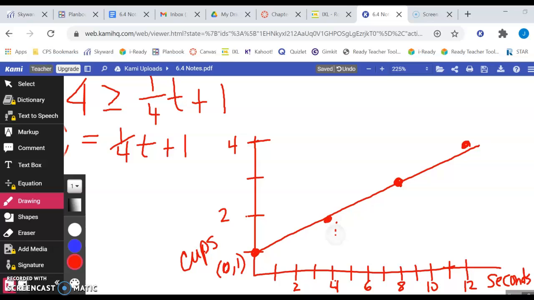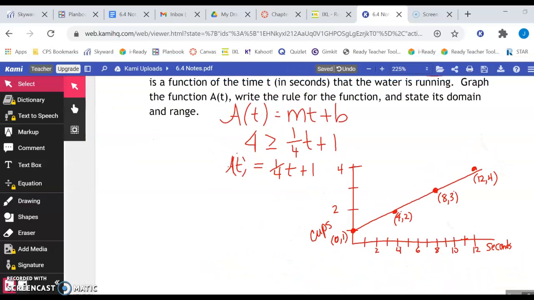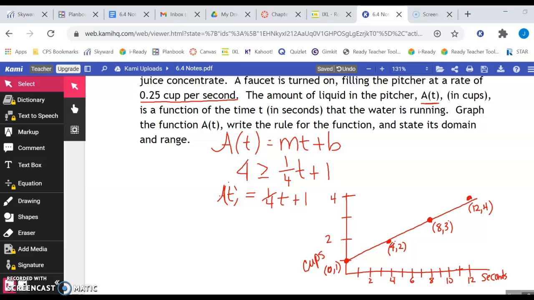Over here, the next dot is over 4 and up 2. That means that water has been running for 4 seconds, and now I have 2 cups in my pitcher. And then here is 8, 3. So after 8 seconds, there's 3 cups. And then this last one, after 12 seconds, there is 4 cups. So you have to think about the word problems and what the x and y represent in these cases.